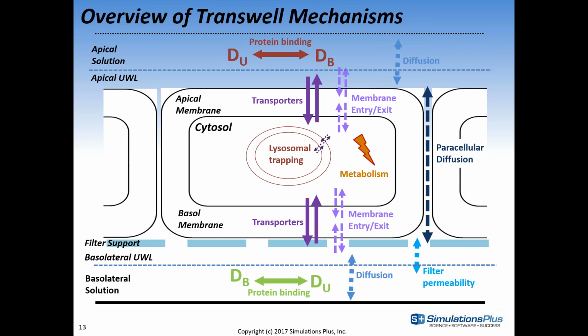To that, we can add protein binding on the apical or basolateral side. So if you're using any sort of BSA or HSA, any albumin in your apical or basolateral solution, you can use the Hill equation or just specify fraction unbound to add those physics to the model. New in version 2, we have protein binding intracellular as well.